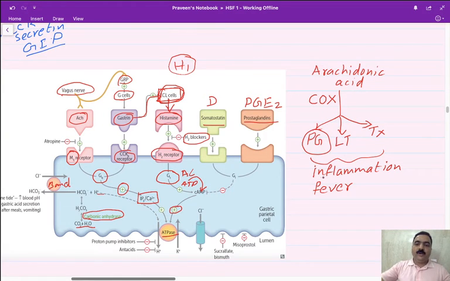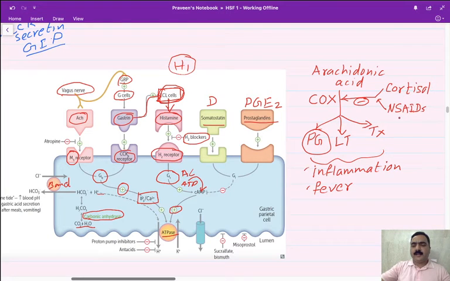Okay, so in order to prevent the inflammation, in order to prevent the fever, we block this pathway. How we block this pathway is by blocking this enzyme, the COX enzyme. Naturally, our body produces the hormone cortisol, that can cause an inhibition of the COX enzyme. Or pharmacologically, you can use cortisol or a steroid hormone, or you can use non-steroidal anti-inflammatory drugs.